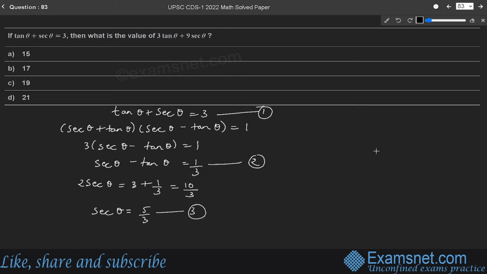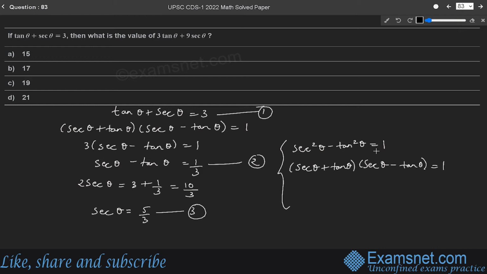See, in this question, we have used the basic formulas which we already know, that sec square theta minus tan square theta is equal to 1, and (sec theta plus tan theta) into (sec theta minus tan theta) is equal to 1. So by using this formula, we get the second equation, and then when we add both the equations, we get the value for sec theta.